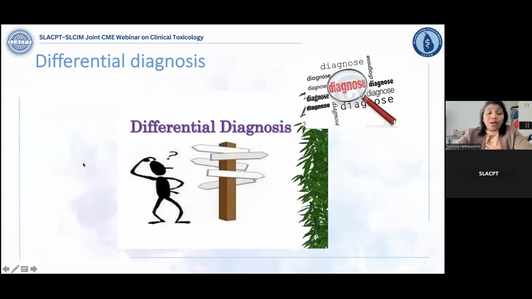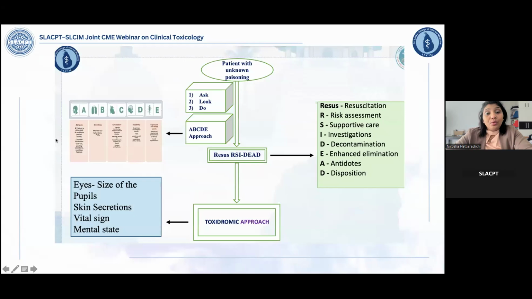So now when you're coming to the diagnosis, you have to think about several differential diagnoses, including a toxicological diagnosis. When you see a critically ill patient like this, you will take your short history, look for any clues, and do certain investigations. So this is what we will do in this particular case as well.